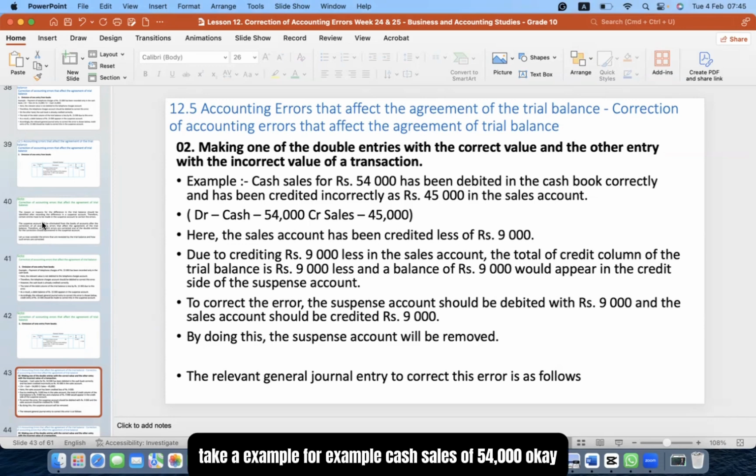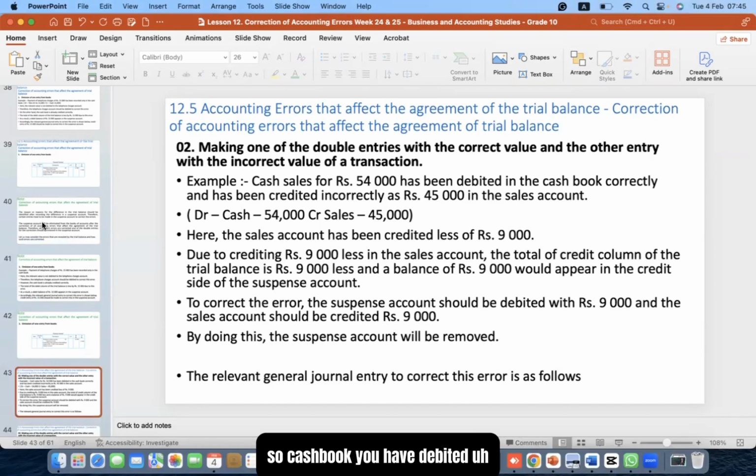So let's take an example. For example, cash sales of 54,000 has been debited to the cash book correctly. But sales account, what has happened is you have credited it incorrectly as 45,000.